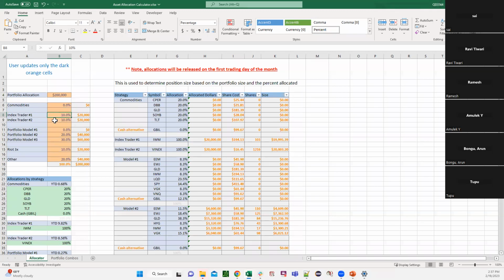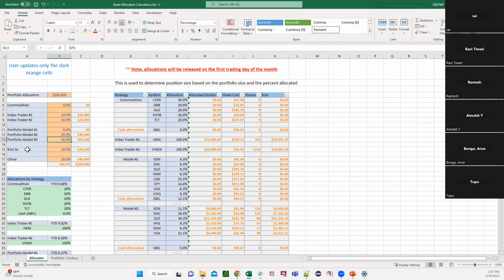Index trader 1 and index trader 2 have 10%, $20,000 going into those strategies. Nothing's going into portfolio model 1, but 20% in model 2, 30% in model 3. Again, these are the most conservative strategies, so there's 50% of the portfolio going into these conservative strategies. And again, these all really outperformed SPY.